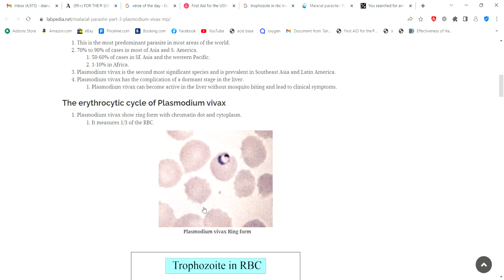So make a note of that. Trophocyte ring form within the RBCs, seen in P. vivax and P. ovale.